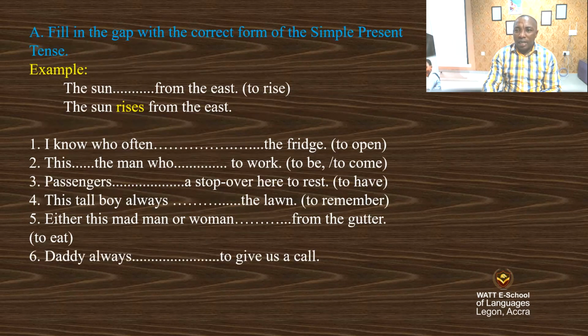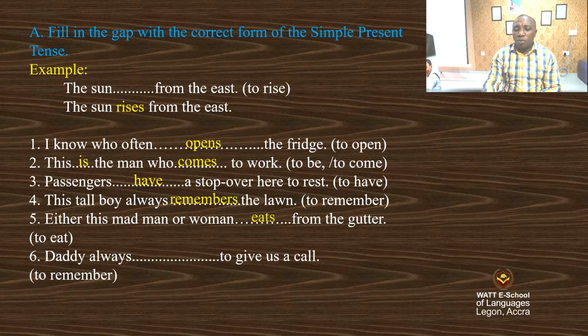So let's put in the verbs in simple present tense. I know who opens the bridge. This is the man who comes to work. Passengers have a stop over here to rest. This tall boy always remembers the lawn.